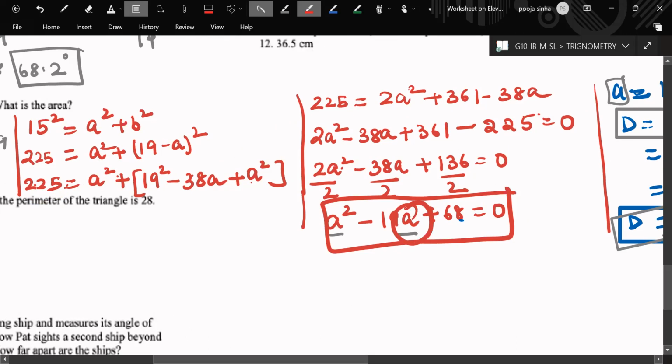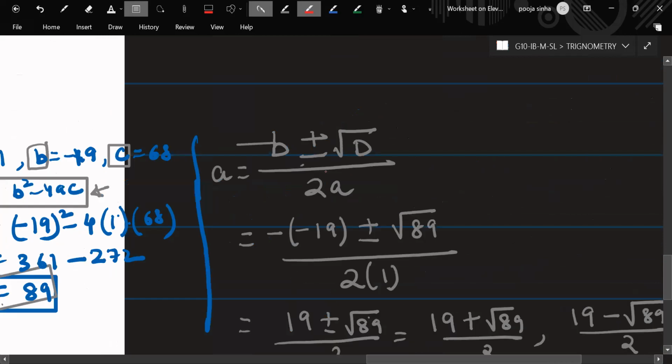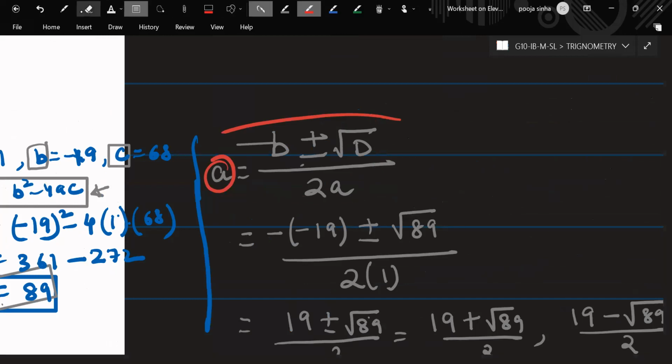We tried splitting the middle term. We couldn't. So we are using this formula. The value of A in this case, this A is actually the X. That's the formula.